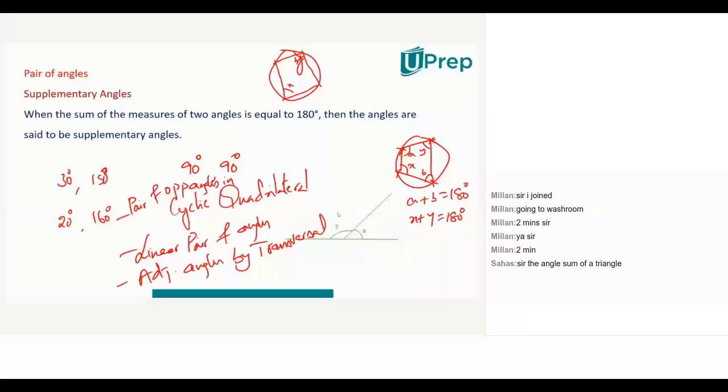Can somebody tell me where we use this word very frequently? What is the most familiar pair of supplementary angles? The linear pair. Linear pair of what? Okay, linear pair is always supplementary.